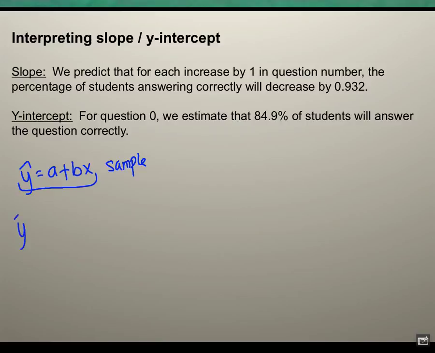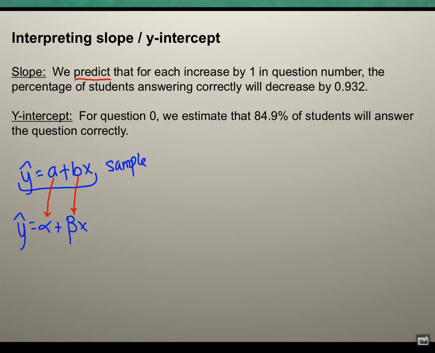Our population regression line looks like this. So in other words, the slope that we found is just an estimate of the population slope. The y-intercept that we find is just an estimate of the correct y-intercept. That's why when you interpret slope and y-intercept, you always have to say predict, because these are not the true values of the parameter for the population.